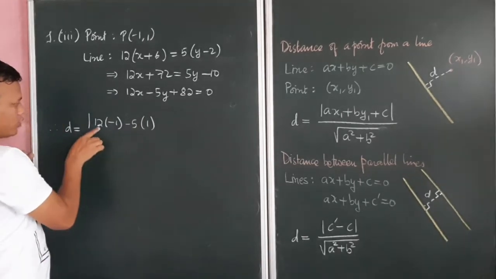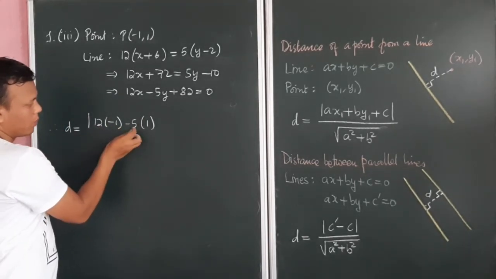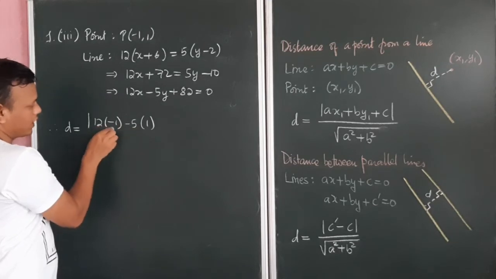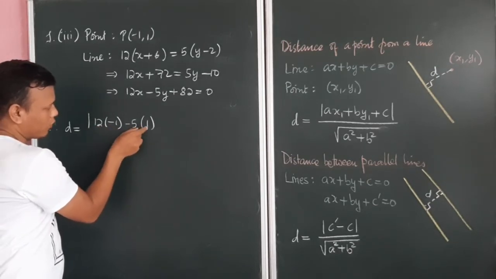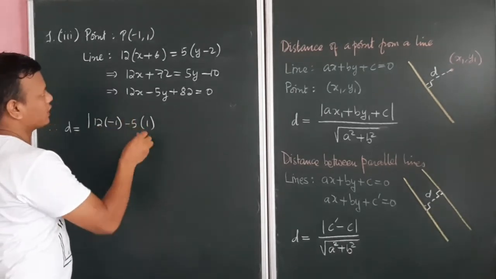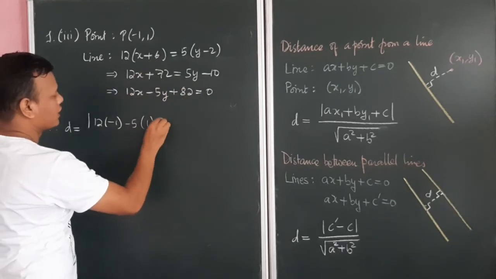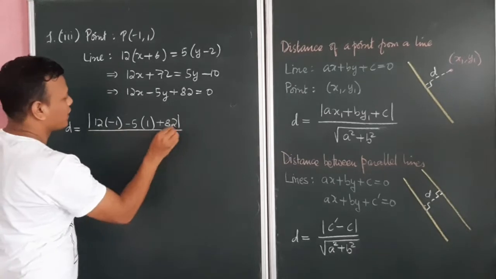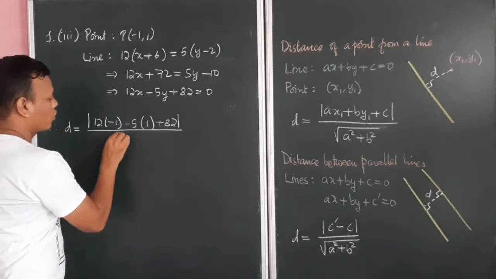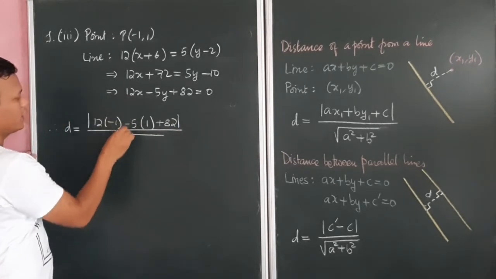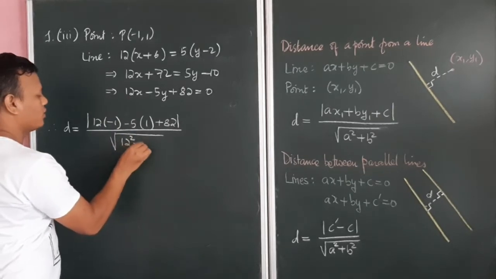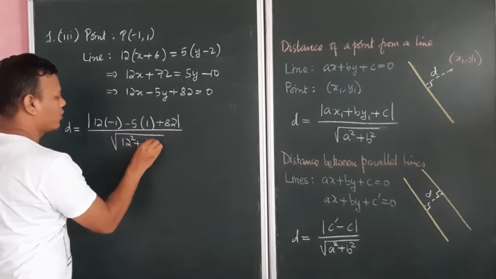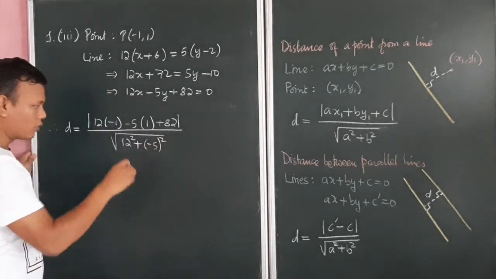Hope you are understanding. That is a x1 plus b y1 plus c, and c is 82 here, the whole divided by the square root of a square plus b square. a is 12, so 12 square, plus b is minus 5, so minus 5 square. Now quickly evaluate this.